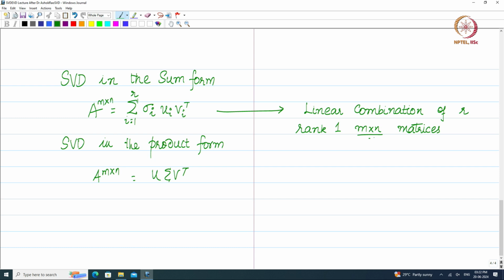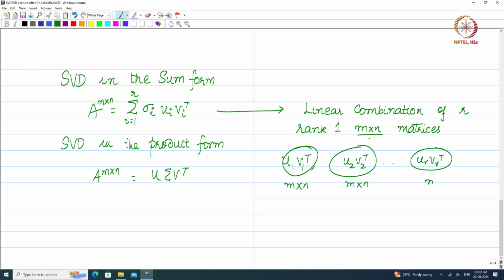Now what can we say about U1 V1 transpose, U2 V2 transpose, up to UR VR transpose? These are matrices of size m by n each, and each of them is rank 1. All these matrices are linearly independent.